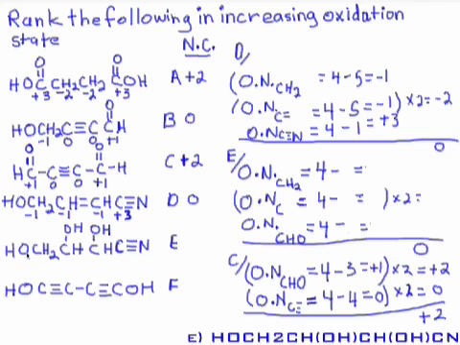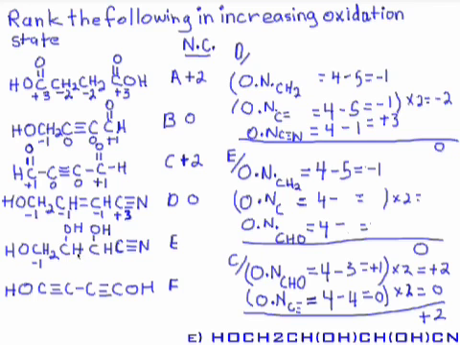Carbon gets none of the electrons from the carbon-oxygen bond, but carbon being more electronegative than hydrogen gets both electrons from each CH bond, so that's 2, 4, and the carbon-carbon bond gives them 1, so 4 minus 5 equals minus 1. So we get minus 1 for the CH2.